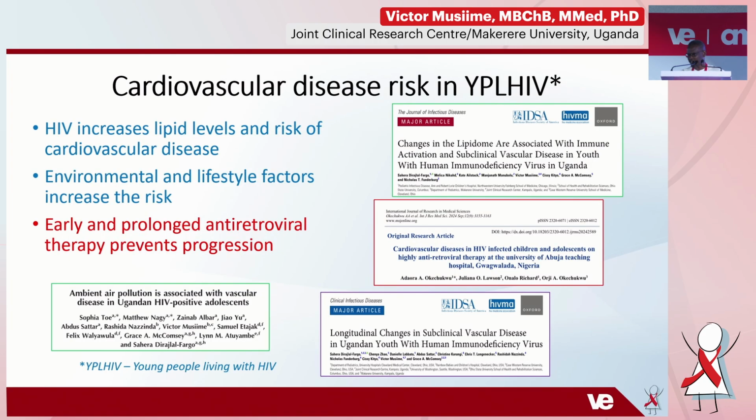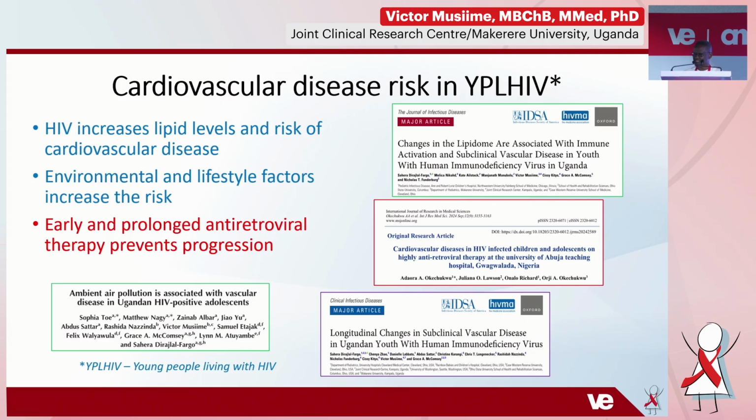Let's look at the cardiovascular risk, what has been observed over the years. There was a study that was done in Nigeria that showed quite a bit of risk. And also, yesterday, you had my colleague Saera present data from our cohort about what observations we've learned over the years from this cohort of children.